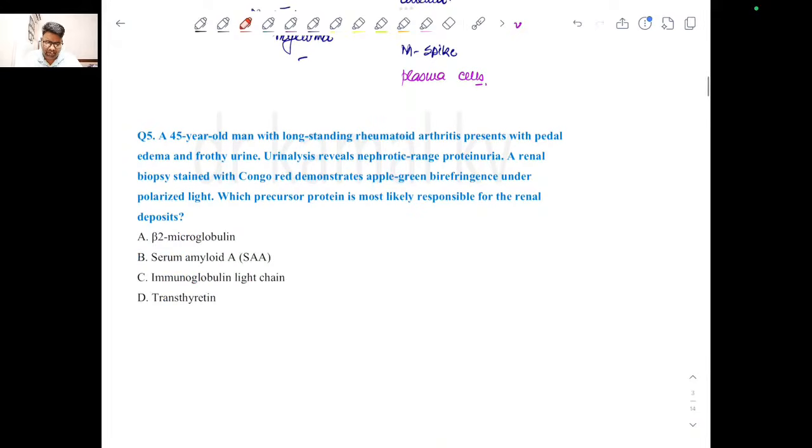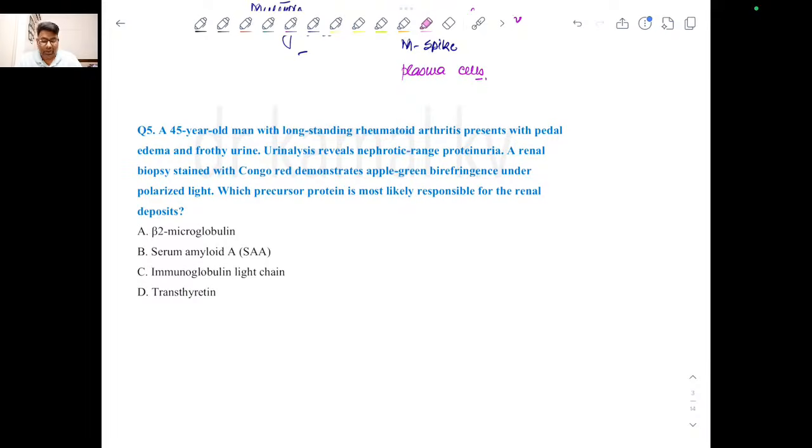Then moving forward to the next question, a 45-year-old man with long-standing rheumatoid arthritis, right? Now he is having pedal edema, meaning edema over the foot, and frothy urine.